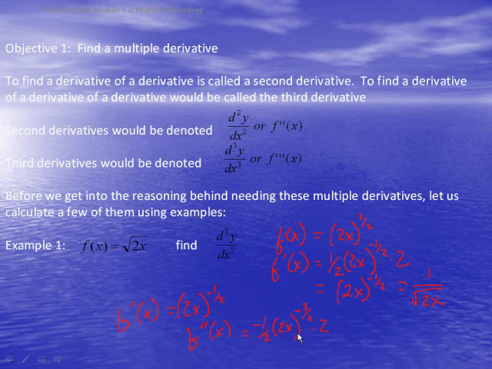Once again, notice the 2 and the 1/2 will cancel, which will give us negative 1 over 2x to the 3/2 power. And we have now taken the double derivative.